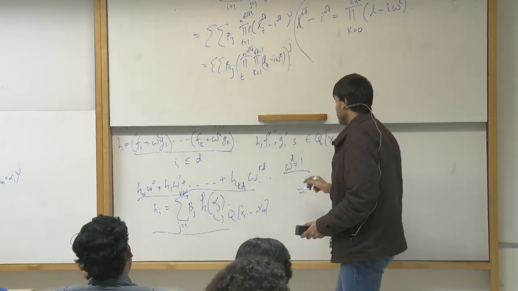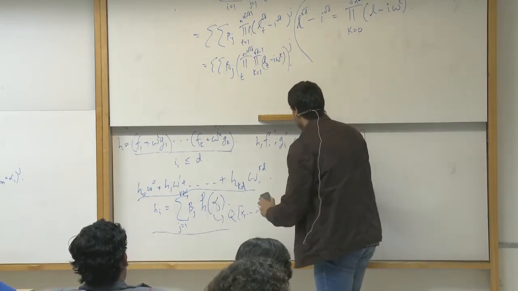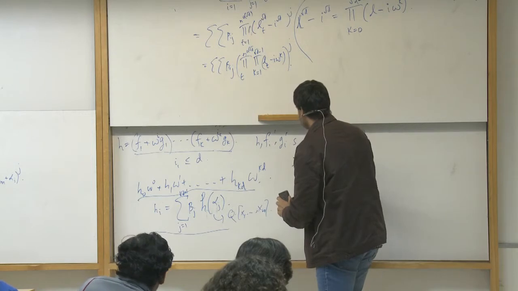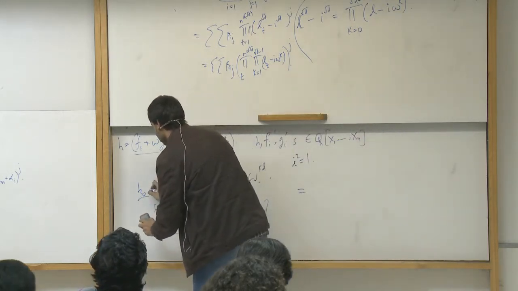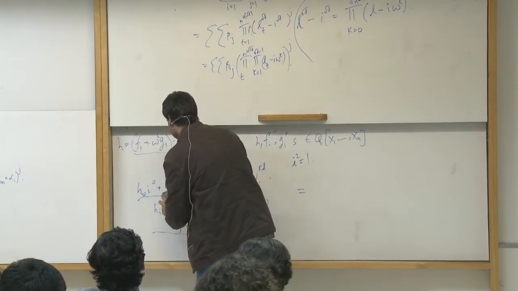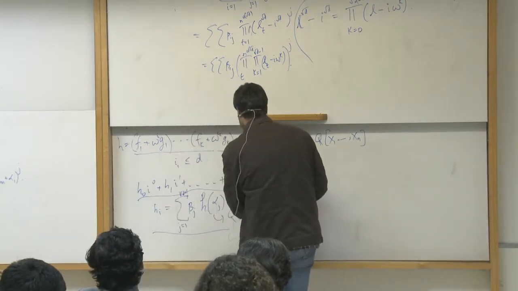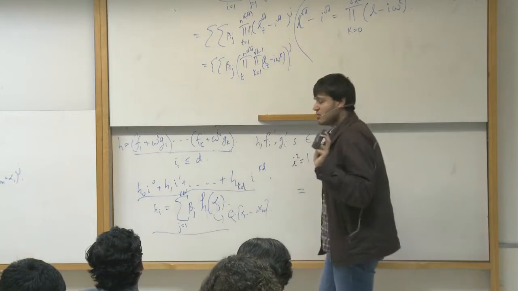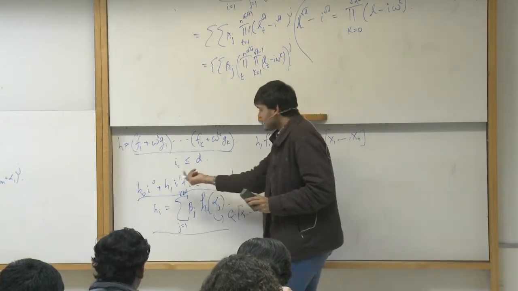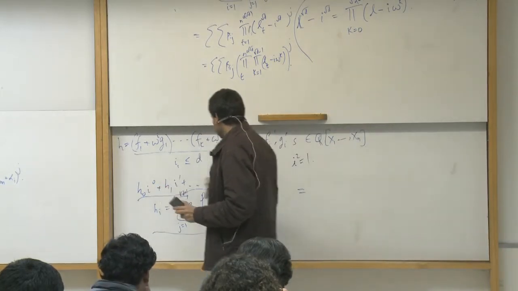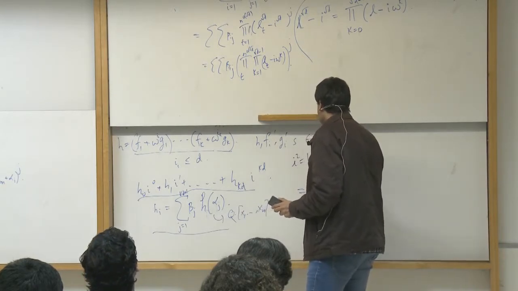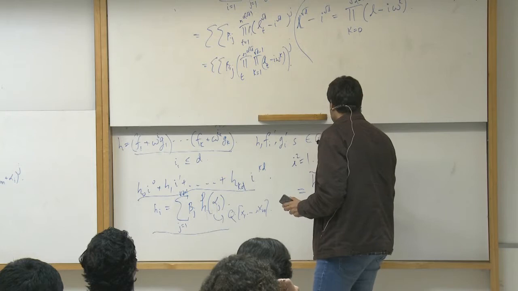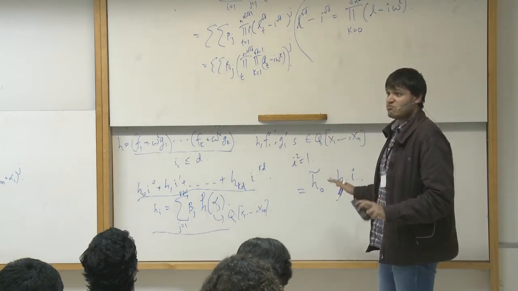For now, let me just take this to be iota, for the sake of simplicity. So what will this be? The rational part: this term can always be written as h tilde 0 plus h tilde 1 times iota.